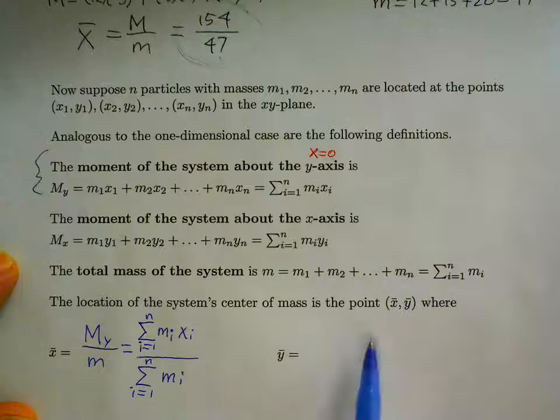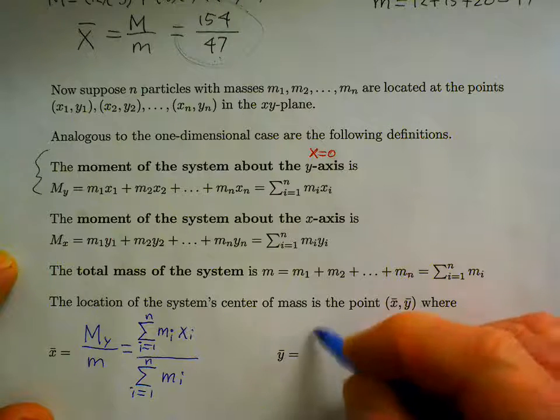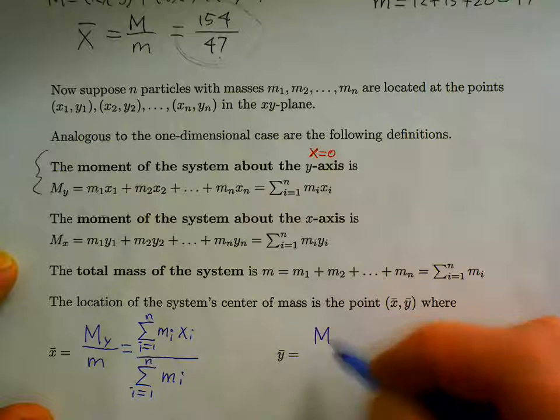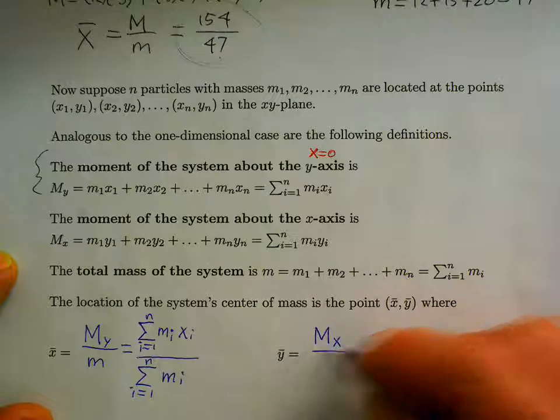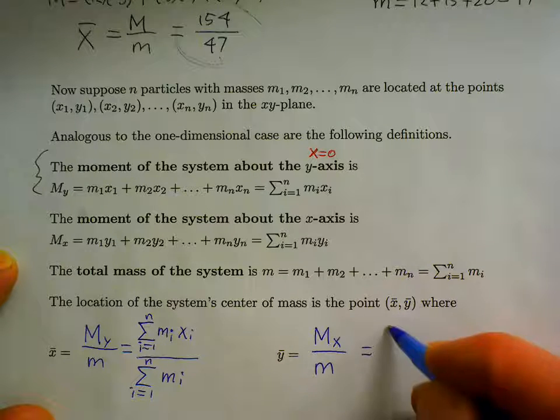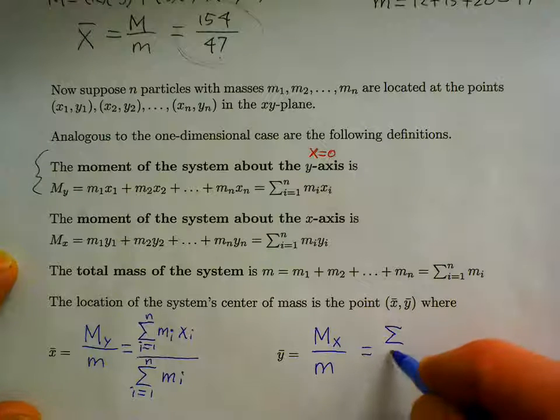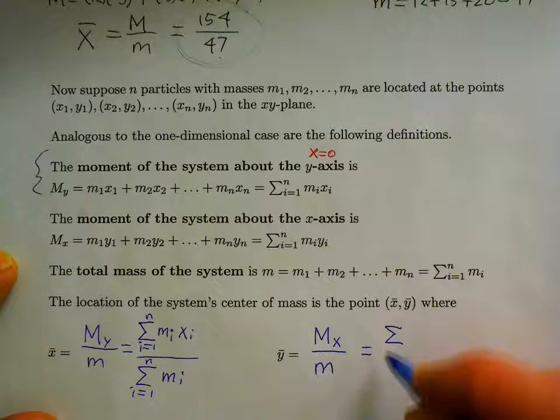And in the two-dimensional case, the y-coordinate of the center of mass, y bar, this is the moment of the system about the x-axis divided by the total mass of the system. So in the numerator, we have the sum of the moments involving the y-coordinates.